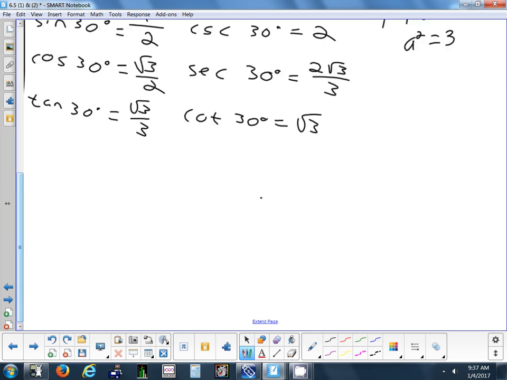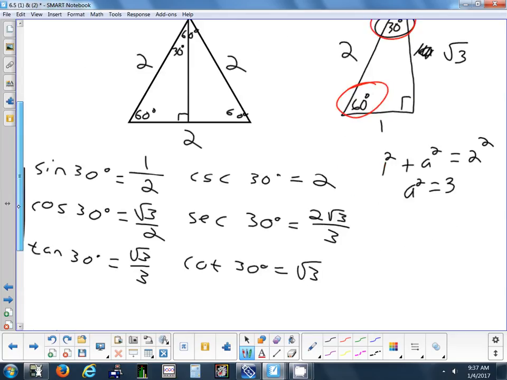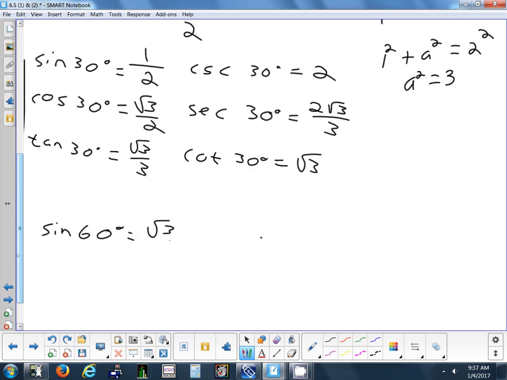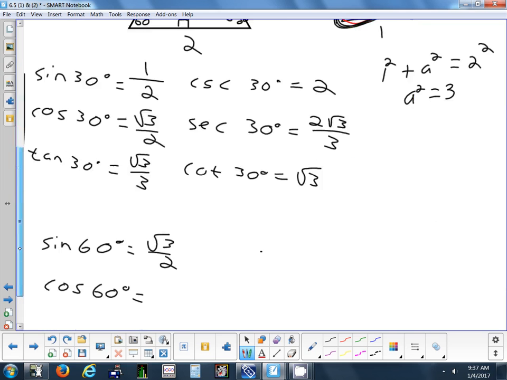So if we did the sine of 60, sine is opposite over hypotenuse. So that's square root 3 over 2. Cosine is, remember, from the perspective of this angle now. Cosine is adjacent over hypotenuse. So that's 1/2.